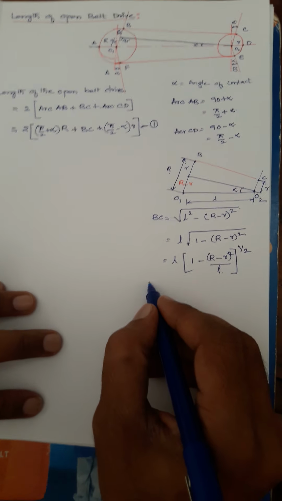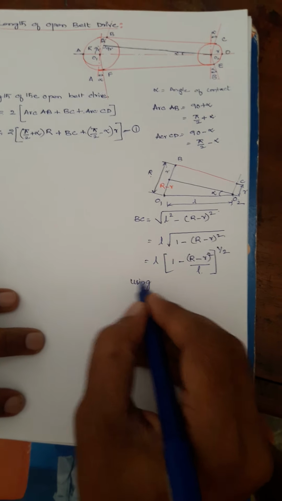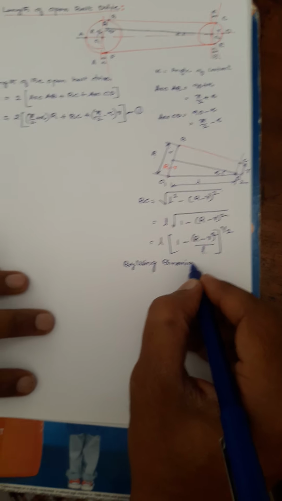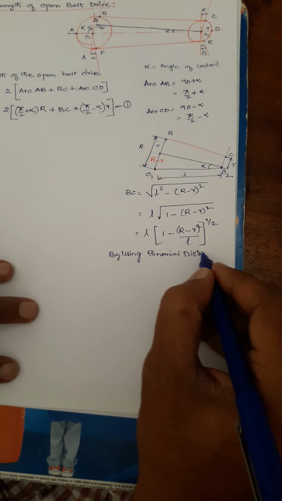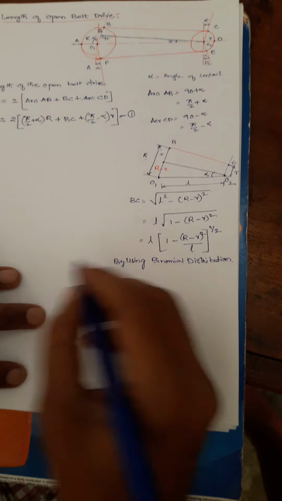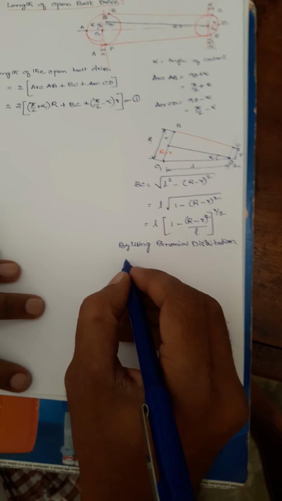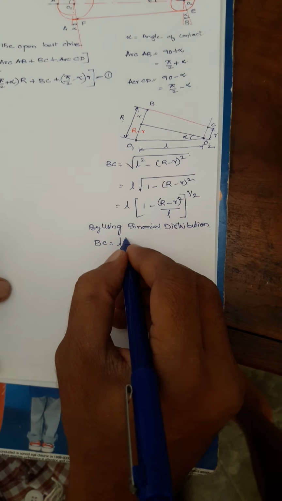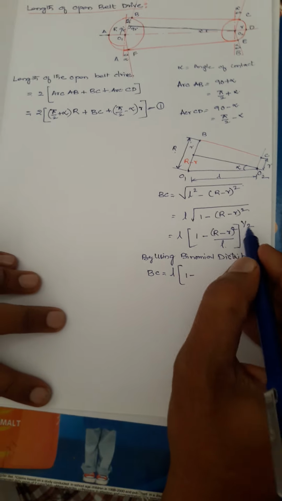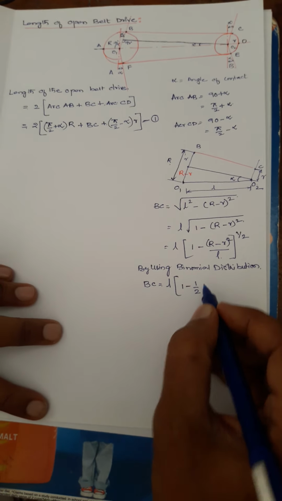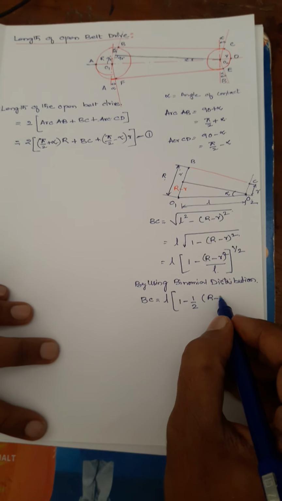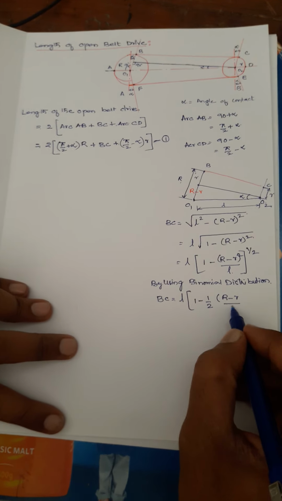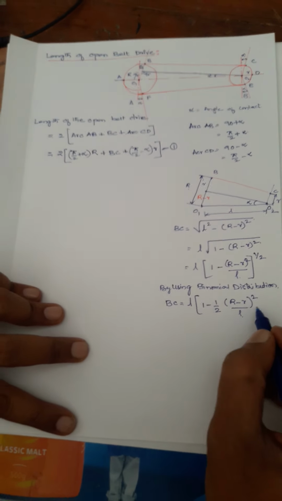Now by using the binomial expansion, we can write this equation as BC is equal to L into 1 minus, this half comes here, half of capital R minus small r by L whole square, plus so on.